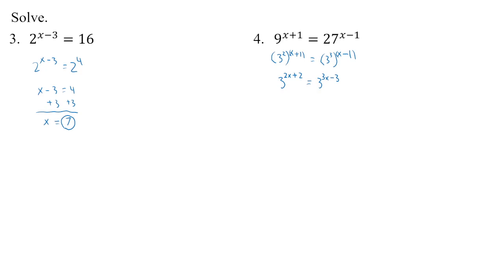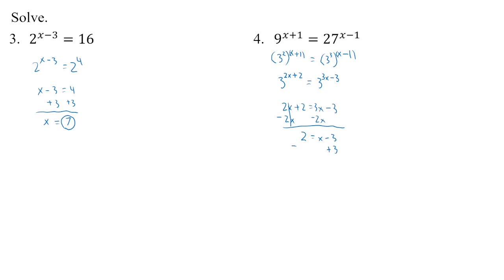So now that the bases are the same, this means that 2x plus 2 equal 3x minus 3. So we solve the equation. Subtract 2x from both sides. And we have 2 equal x minus 3.